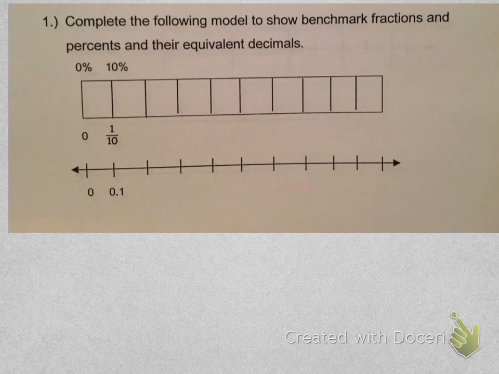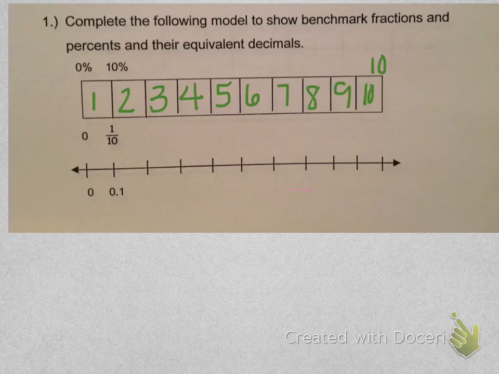On number 1, we complete the following model to show benchmark fractions and percents and their equivalent decimals. So we can count how many parts this has been broken up into. And that's 1, 2, 3, 4, 5, 6, 7, 8, 9, 10. Or we could have seen that that was 10%, and if one part is 10%, then we probably have 10.